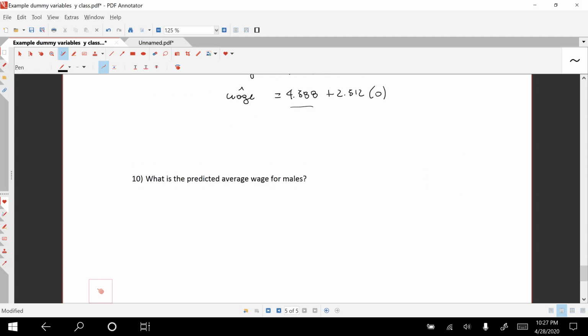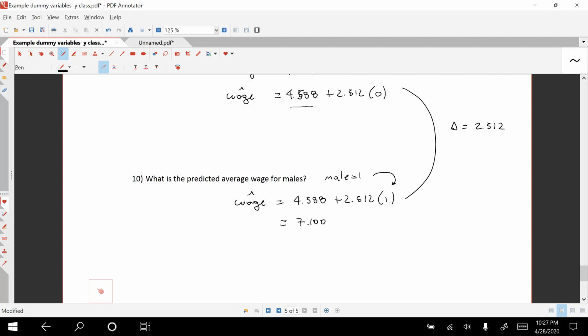And the predicted average value for males, the wage, is equal to 4.588 plus 2.512 times 1. For males, male is equal to 1. And that's what we've done here. That gives us 7.110. Once again, if we want to see this difference, the delta is 2.512.